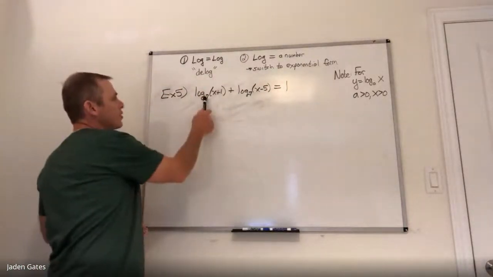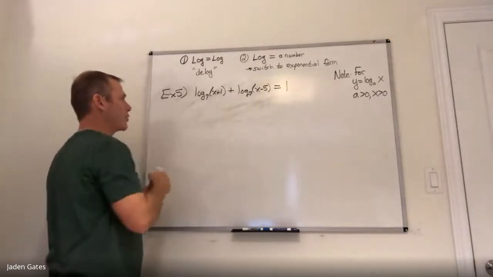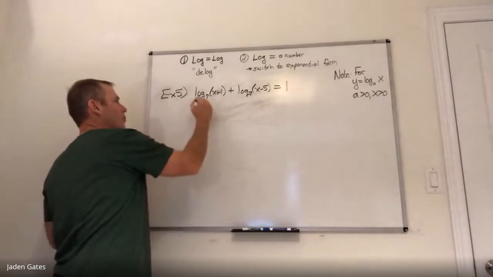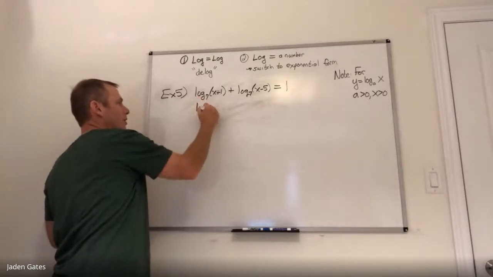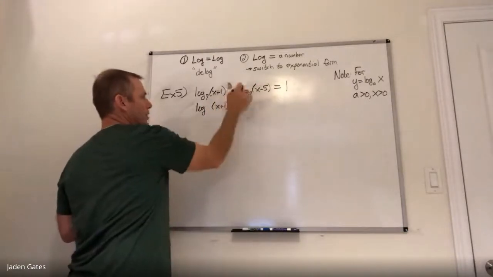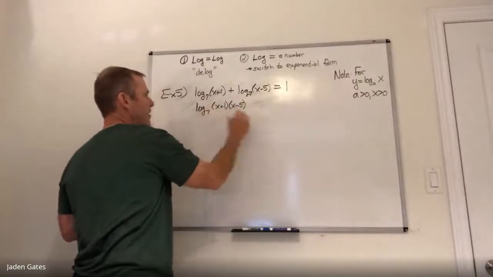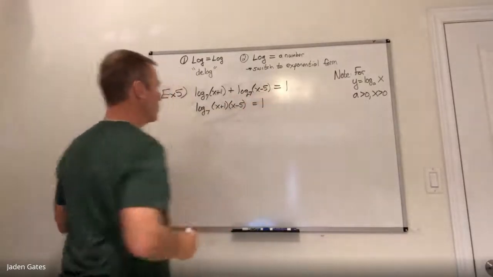So again, because these two logs have the same base and they're being added, I can rewrite this using our log rules. So I have the log of, now it's going to be x plus 1 times x minus 5, base 7, equals 1.